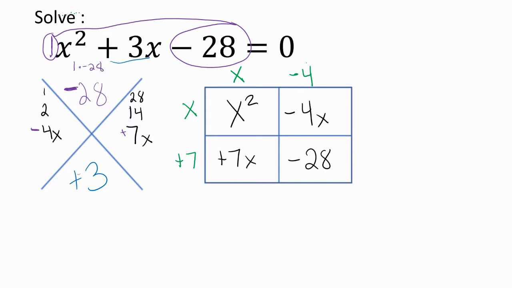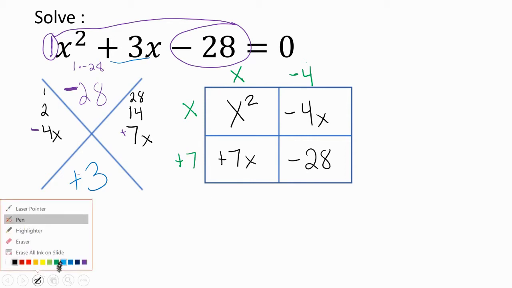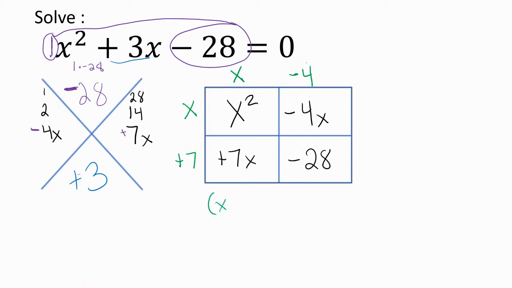And since we are solving, what we need to make sure we do is write our factors. We're going to have x plus 7 times x minus 4, and we're going to set it equal to 0. So now we're going to take this, set this equal to 0, that equal to 0.